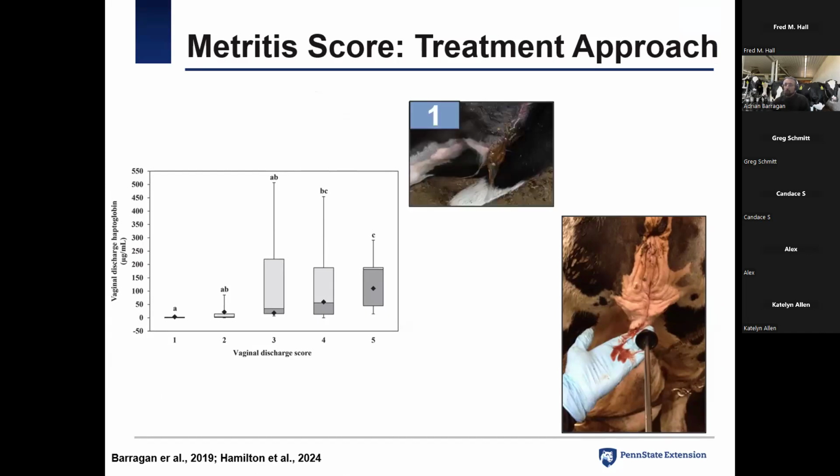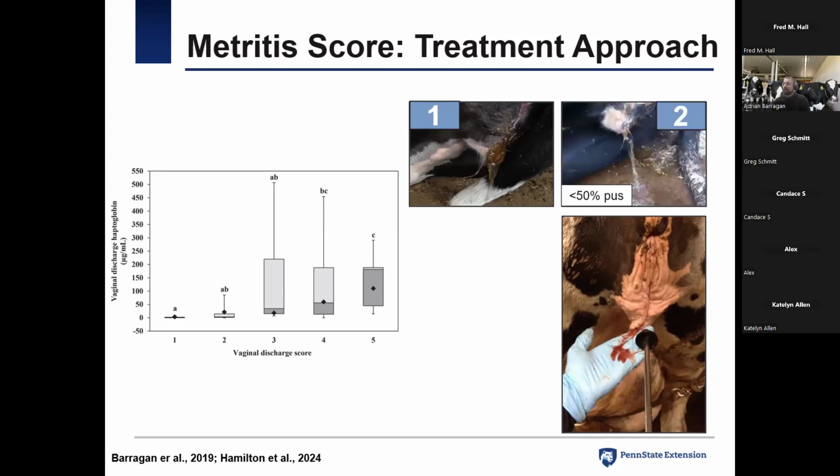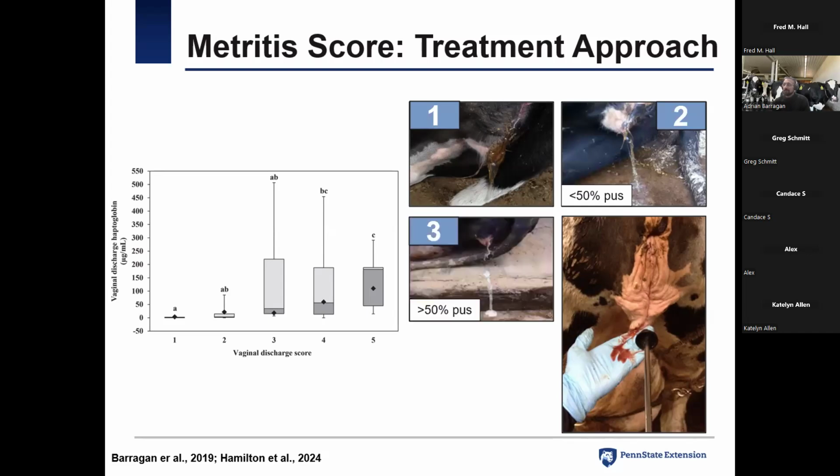We use a score 1 of just clear vaginal discharge, totally normal. A score 2, they have some flakes of pus, less than 50%, just a few flakes. A score 3, when you have more than 50% pus, but it's just pus, there's nothing red, nothing brownish, it's really dense, right? It's not watery.